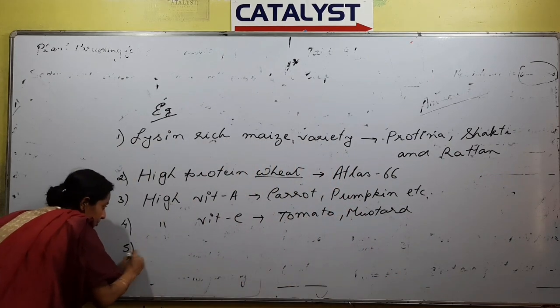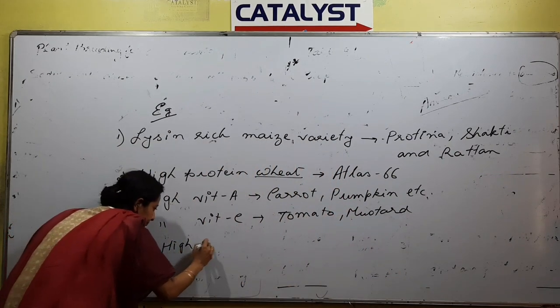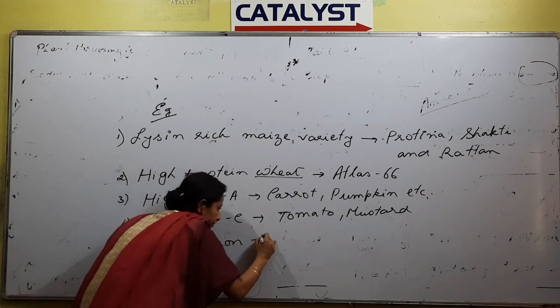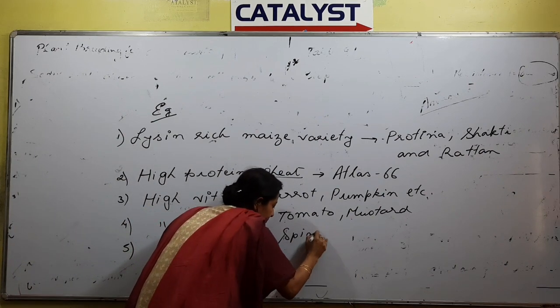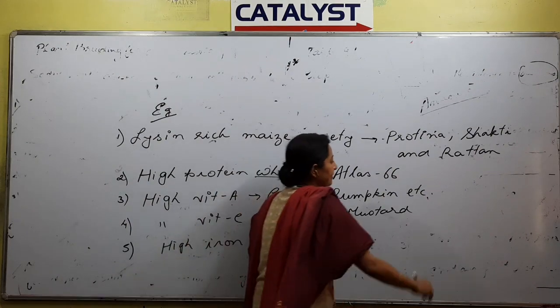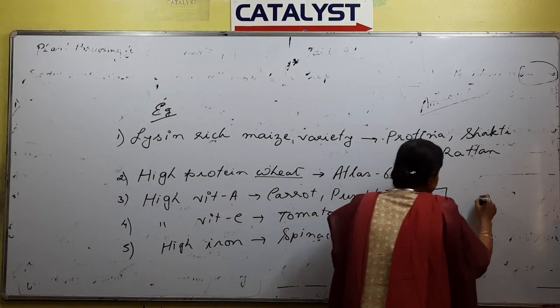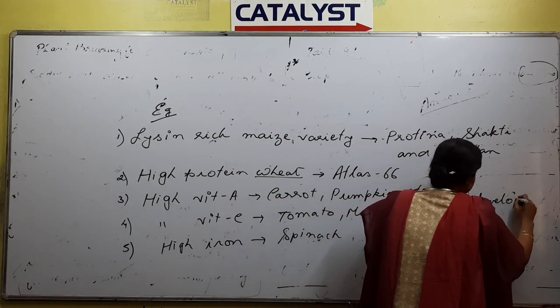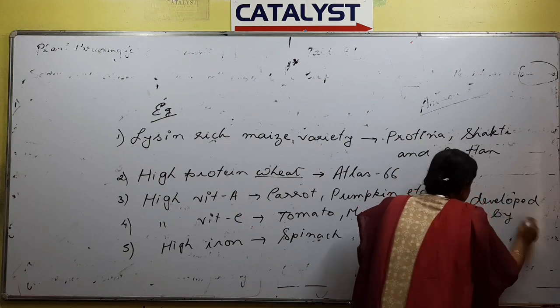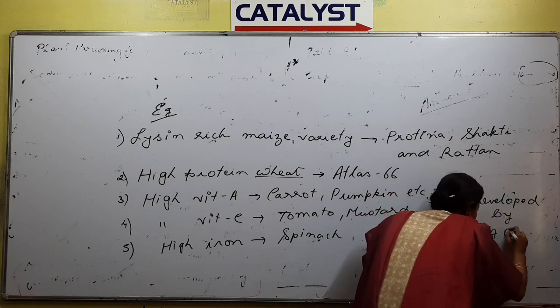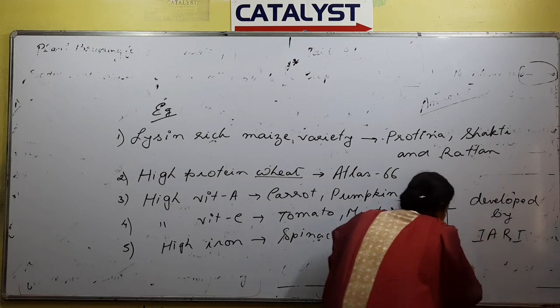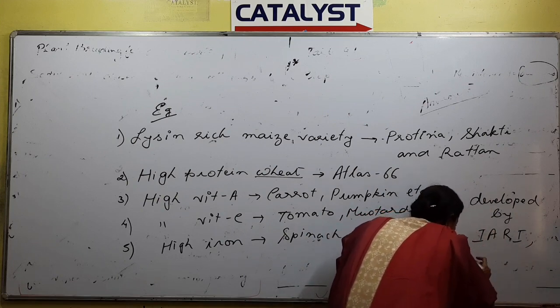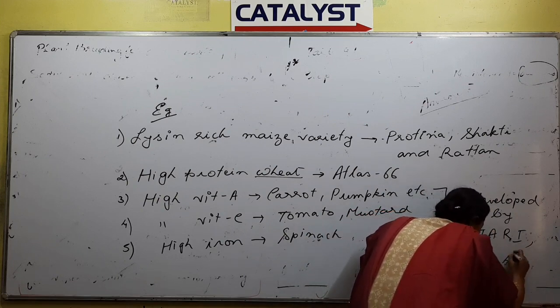Then we can talk about high iron, spinach, right? And these are certain plants that are developed by IARI. What is the full form? Indian Agricultural Research Institute. Our port of it is in New Delhi, right?